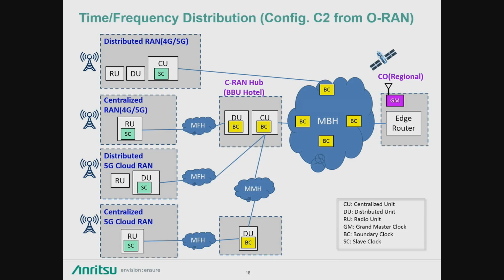So grandmaster to BC, BC to BC, BC to BC, BC to BC. Each one of these links to the BCs is a constant communication between the two, adjusting the timing in relation to one another. Finally, you get from the boundary clock going to the SCs. These are the slave clocks. These would be the ones located closest to your radio heads, your remote radio units, or your RUs.